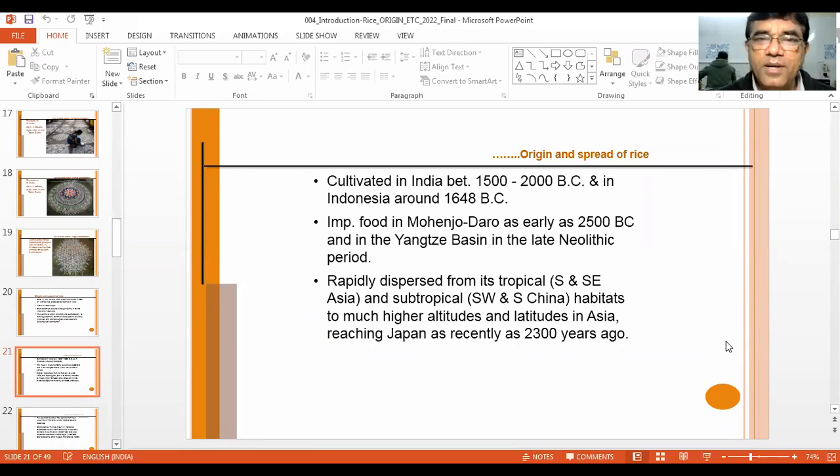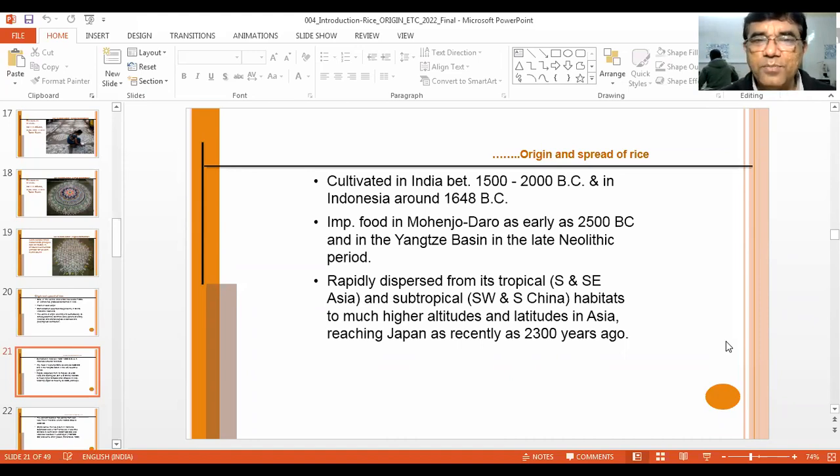And then it rapidly dispersed from tropical South and Southeast Asia. So that is the origin of rice. Basically, people treat South and Southeast Asia, and also subtropical Southwest and South China, as the centers of diversity of rice.